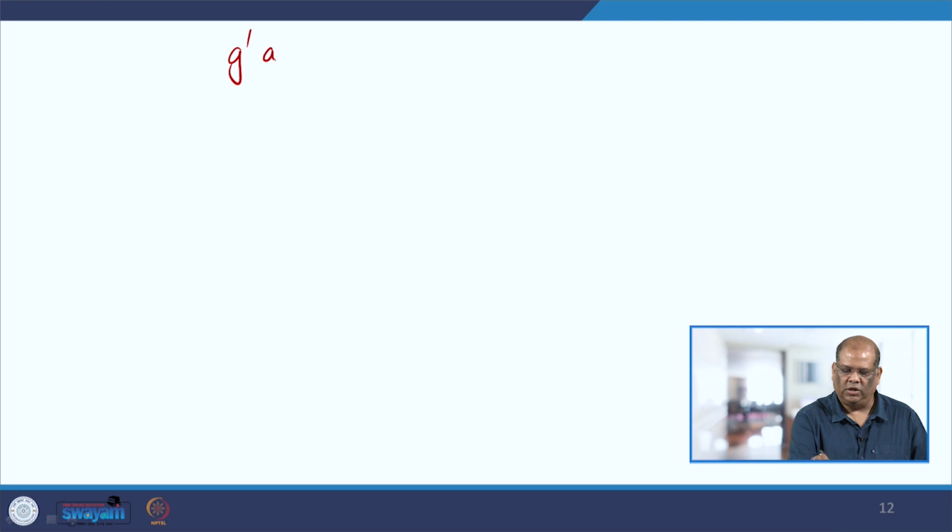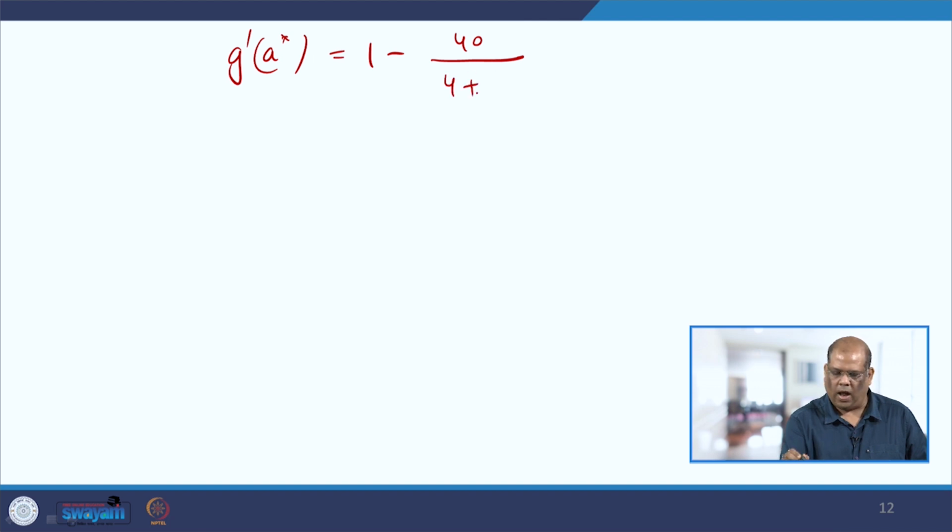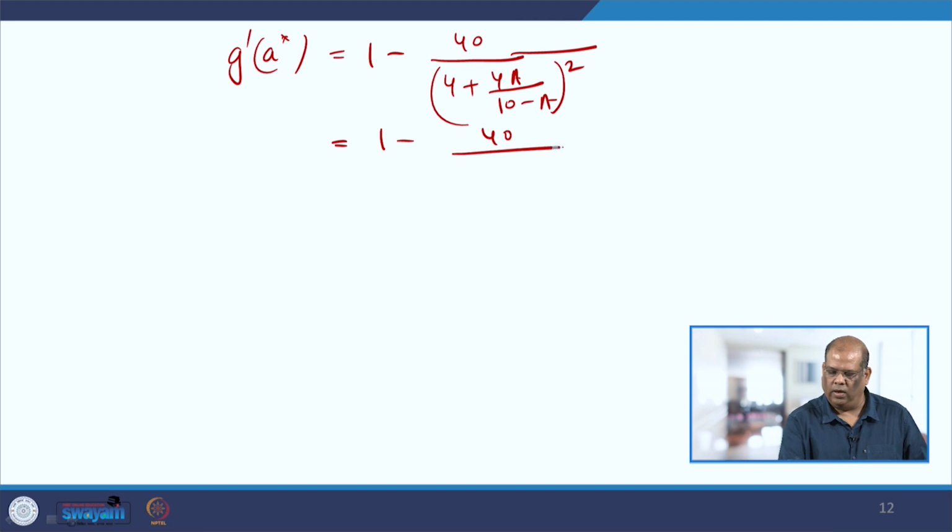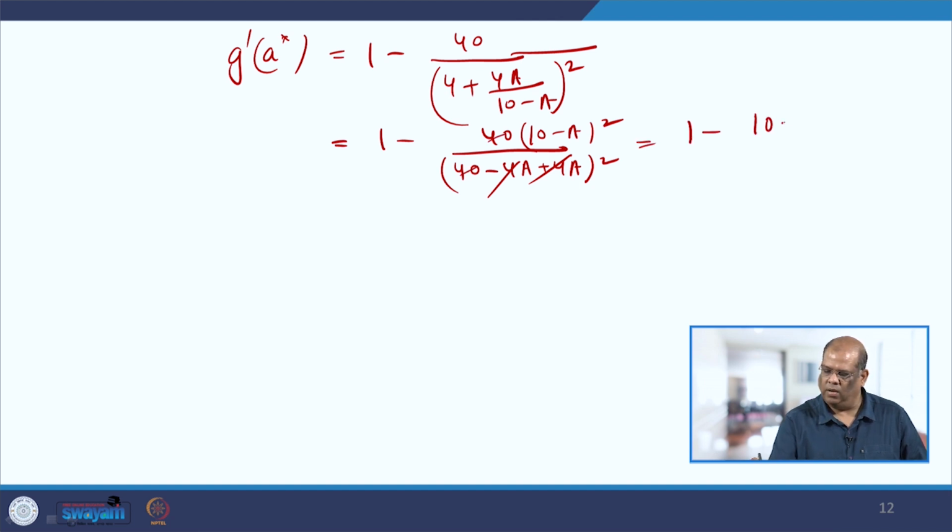So your G dash A star is equal to 1 minus 40 divided by 4 plus 4A divided by 10 minus A, whole square, and this will give 1 minus 40 times 10 minus A whole square, divided by 40 minus 4A plus 4A whole square, that is 40 whole square. So 40 cancels, and you are left with 1 minus 10 minus A whole square divided by 40.